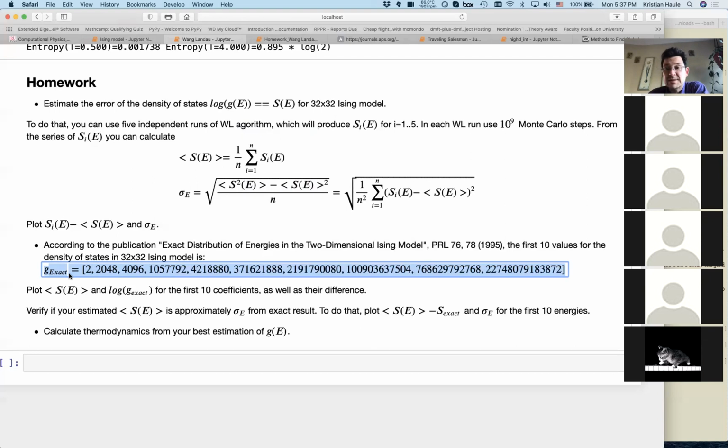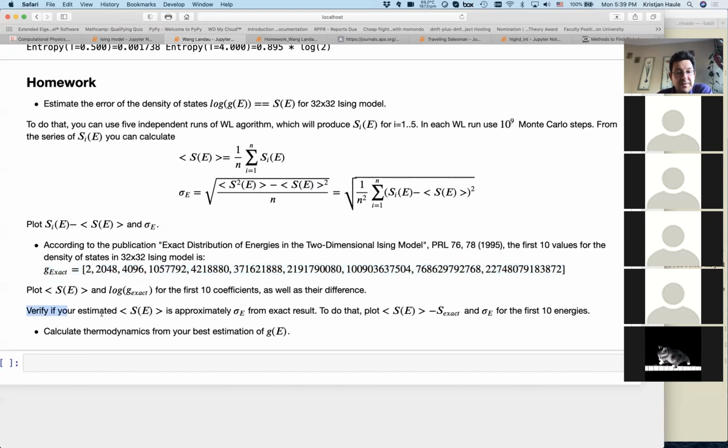So we don't expect that the exact value and our approximate value are more than, let's say, 2 standard deviations apart. If it is more than 2 standard deviations apart, then this is very uncommon and shouldn't happen, because according to statistics, this should occur with a very small probability, less than maybe 1%.